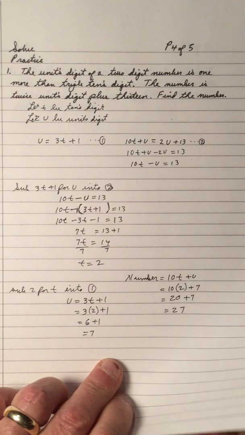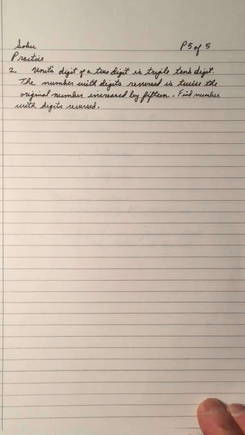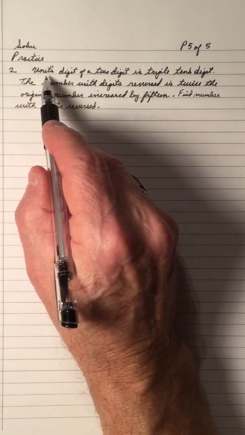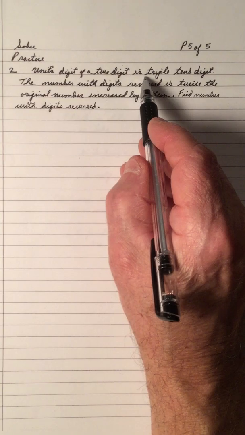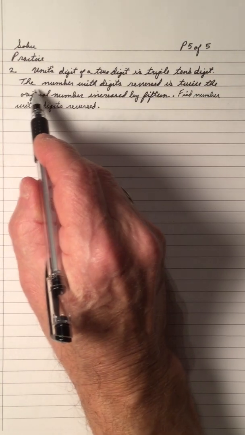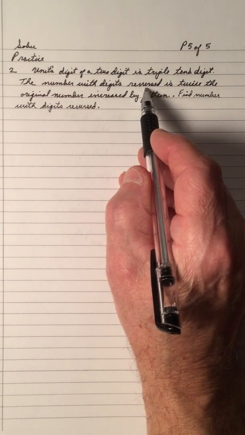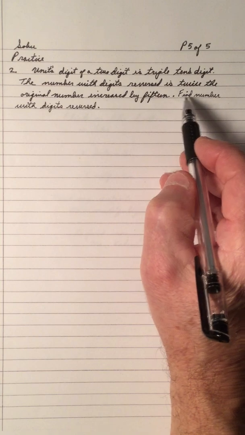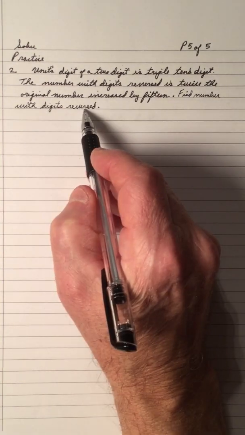So hopefully you're getting the pattern for the digits, two-digit numbers. Practice. Let's see what number 2 is. The unit digit of a two-digit number is triple the tens digit. Okay, that's T and U. The number with the digits reversed is twice the original number increased by 15. Find the number with the digits reversed.